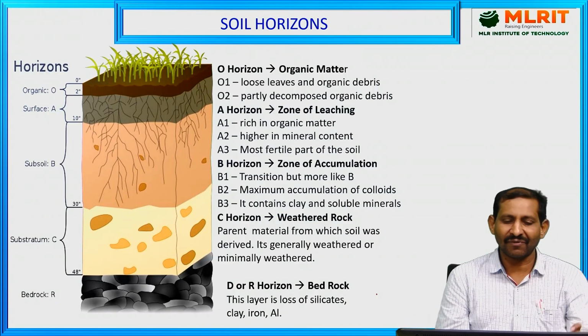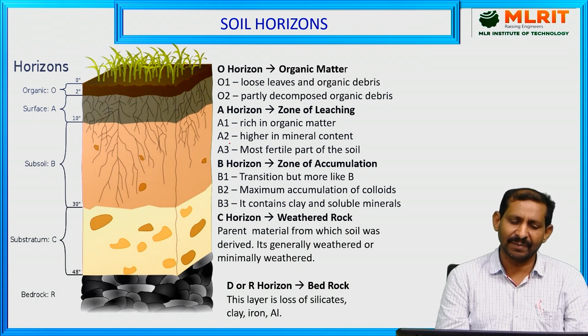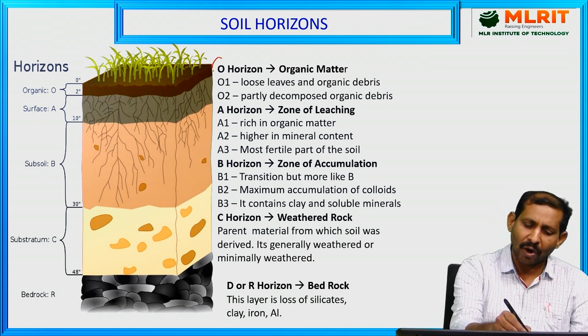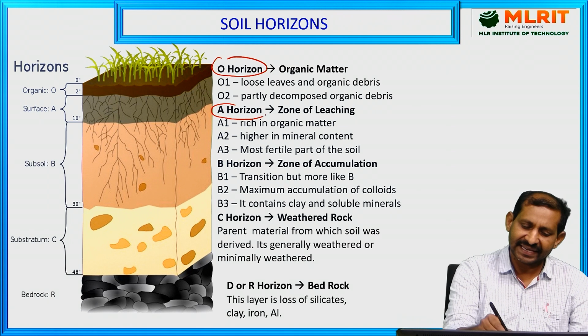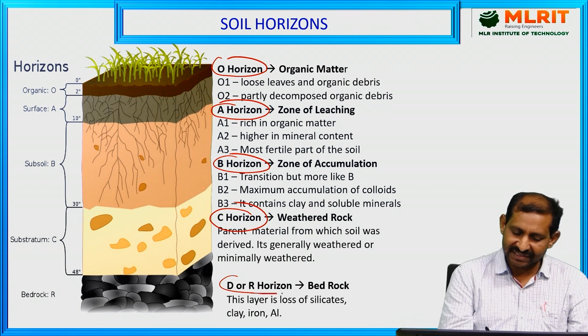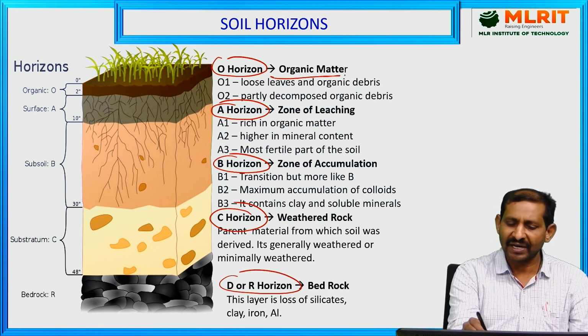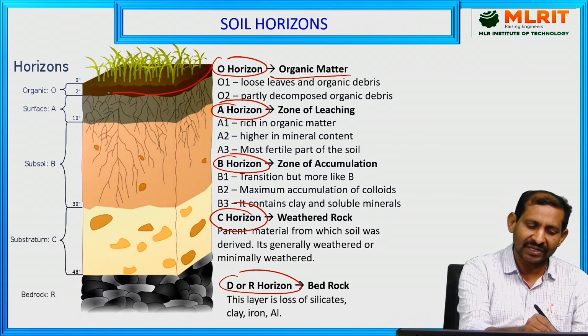So now coming to the soil horizons. There are different layers of soil horizons. Here is the O horizon, the second is the A horizon, the third is the B horizon, the next is the C horizon, and the last is the D or R horizon. The first one, the O horizon, is the top soil layer.